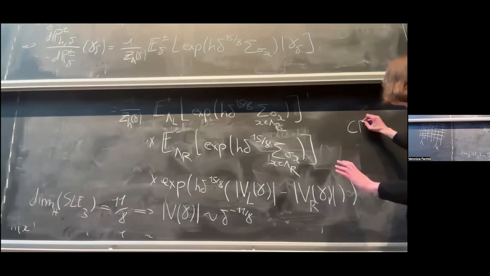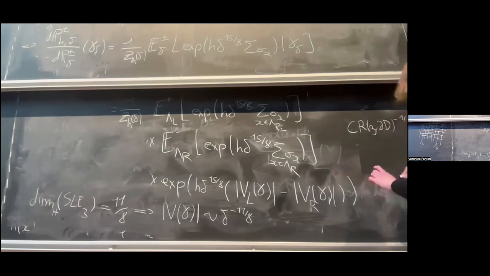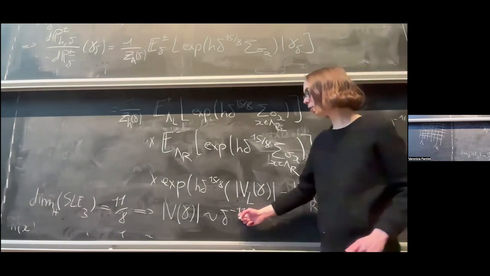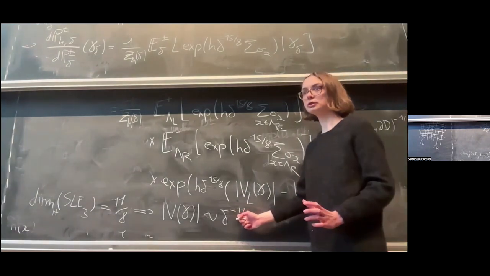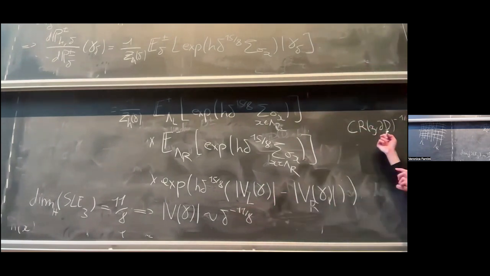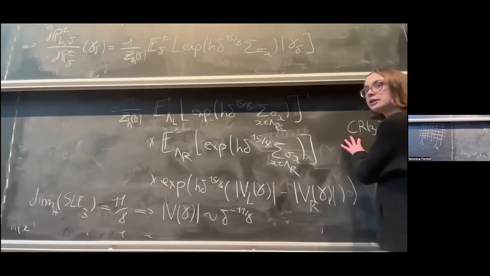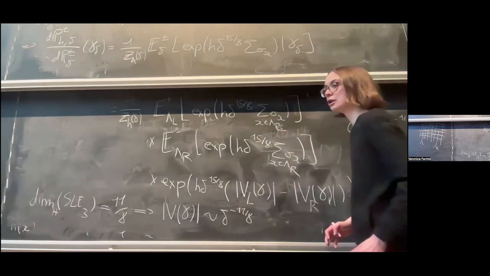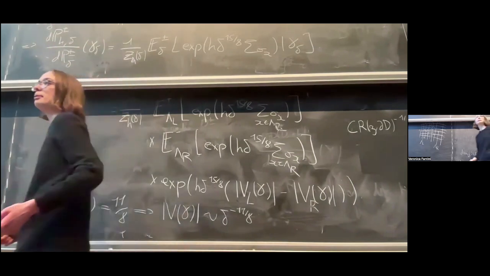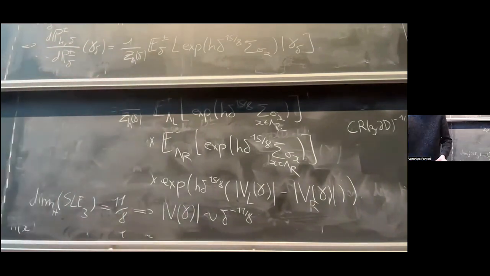In the continuum, the divergence comes from a conformal radius term that scales like minus 1/8. But because your boundary is rough, but not too rough, this will still be integrable near the boundary. And so you have to adapt what happens in the continuum to the discrete world. And this is related to the arm exponent of SLE3.